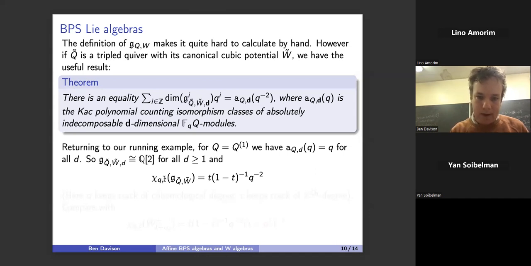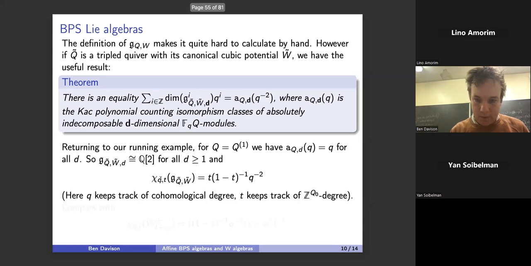Now if I take the characteristic function of this BPS Lie algebra, I get the following. The characteristic function is what is written in the lecture; I skipped forward because I thought it would be confusing without including the thing in brackets. Here q is keeping track of cohomological degree, and that's why the only powers of q appearing have exponent -2, and t is keeping track of the degree d.